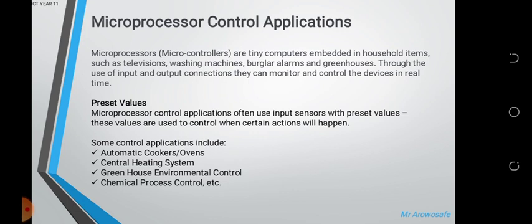And number 4, chemical process control, and many more. So now let's move to the next slide, where we are going to discuss how a microprocessor can control an automatic cooker or oven.